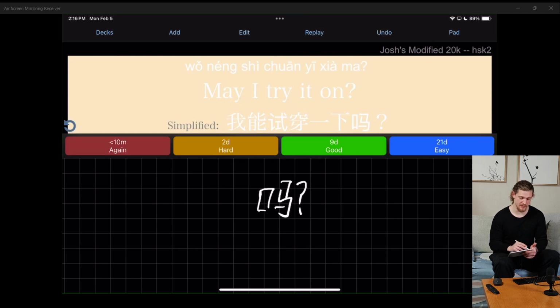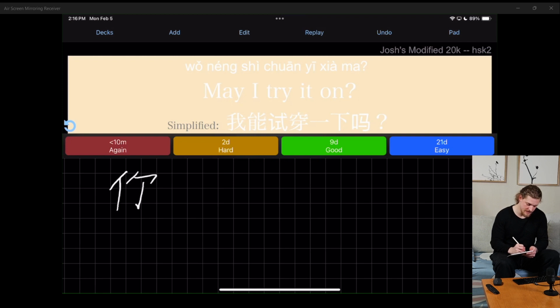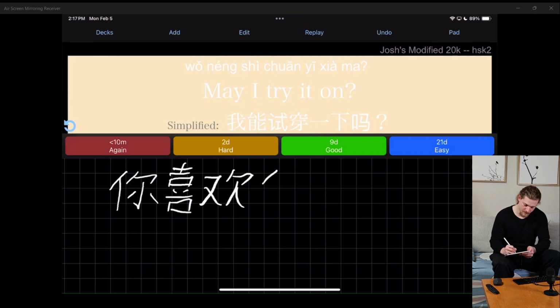So here, let me show you what that kind of structure looks like. So I can write ni. All right, so this is for you, ni, and I'll write 喜欢 我, 你喜欢我. This means you.